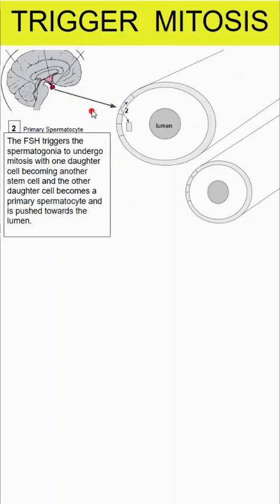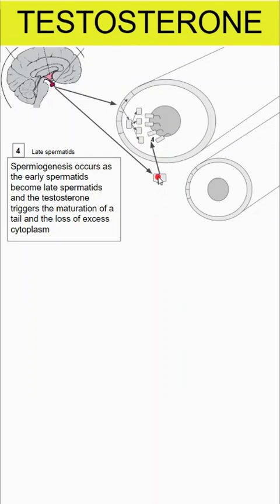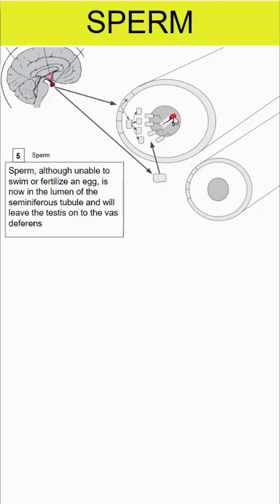So this FSH triggers some mitosis, and then they go through meiosis. And ultimately, it's this testosterone that's going to help trigger the maturation of a tail and loss of excess cytoplasm so that sperm can drop into the lumen of the tubule and ultimately help a male produce offspring.